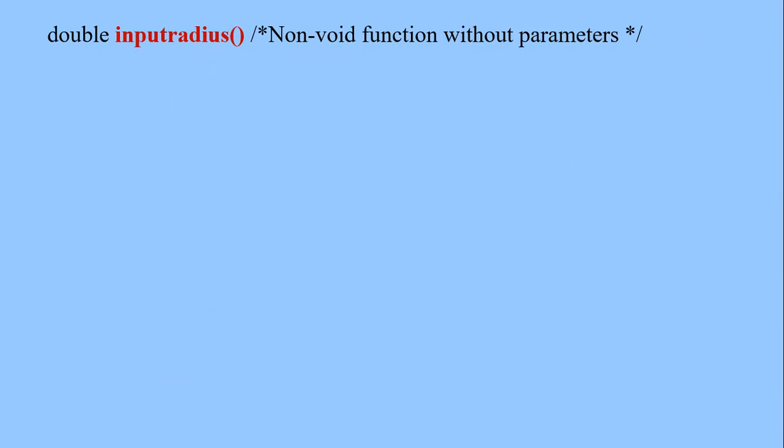The name of this function is input radius, and it returns a value which is of type double. So this function is not receiving parameters or arguments from outside, nothing is being passed to it. But itself, it will return a value of type double to the calling program.